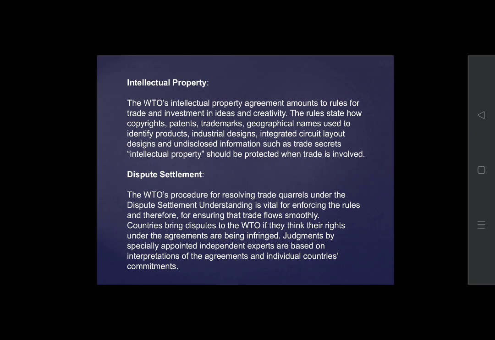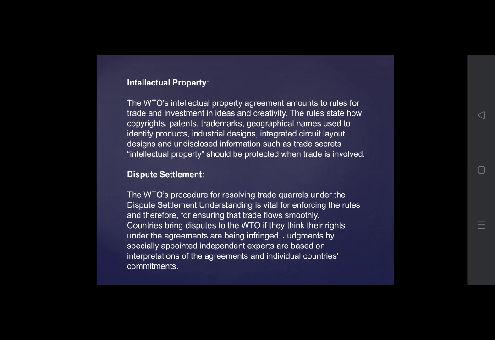The rules state how copyrights, trademarks, patents, geographical names used to identify products, industrial designs, integrated circuit layout designs, and undisclosed information such as trade secrets are to be protected. Intellectual property should be protected when trade is involved.